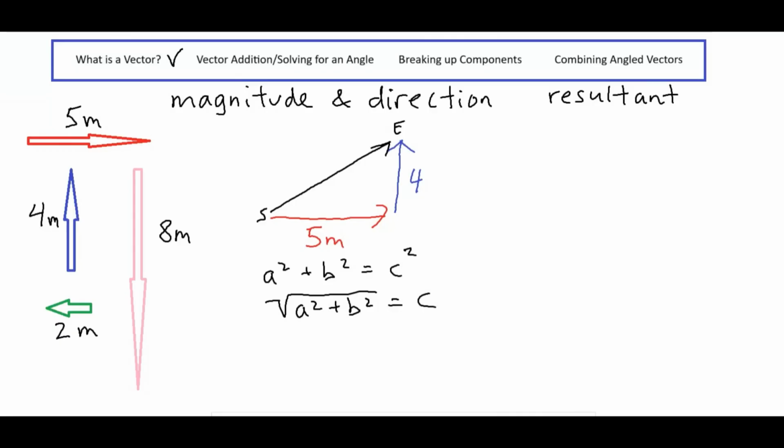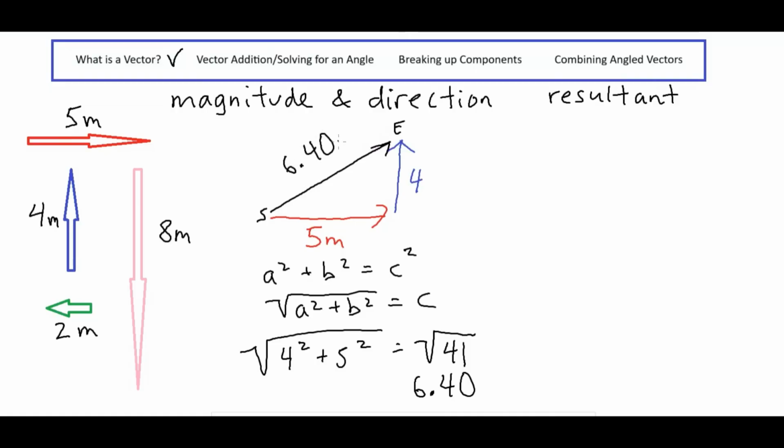So this one turns out to be pretty nice because we're going to take the square root of 4 squared plus 5 squared. That's going to be the square root of 16 plus 25, so that's going to give us the square root of 41. And then if we wanted to, we can put that into decimal form, and then we could call that 6.40 if you like to. Either way, depends on your preference or your teacher's preference, but we'll call that 6.40 meters.